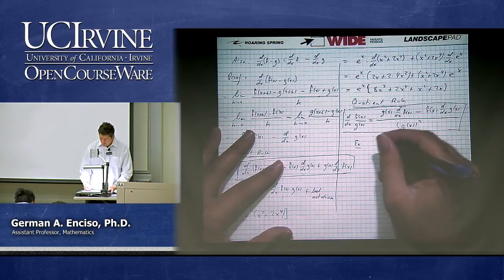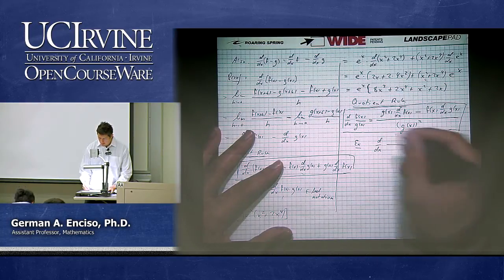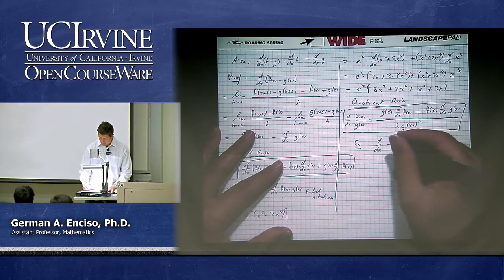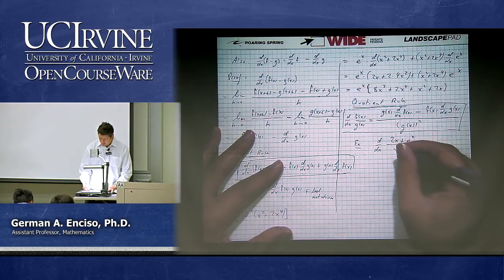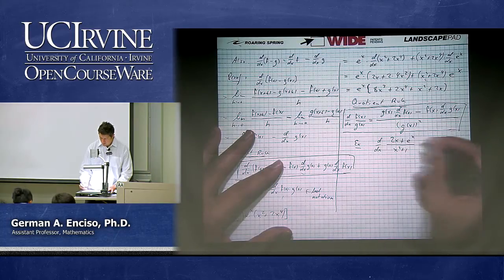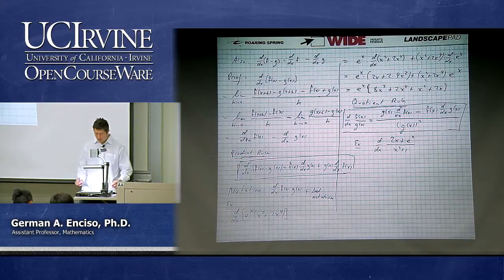The derivative of, let's say, 2x plus e to the x divided by x squared plus 1. Okay?